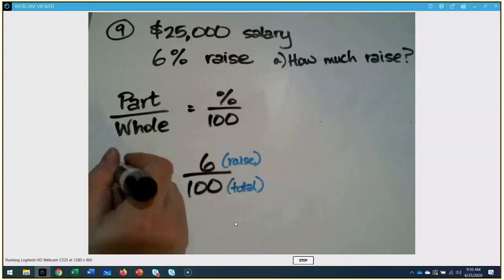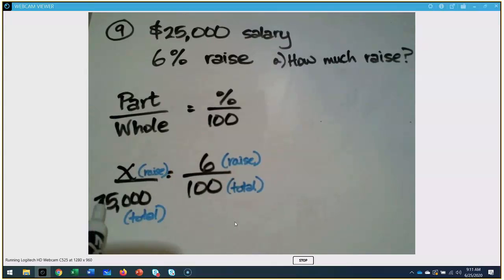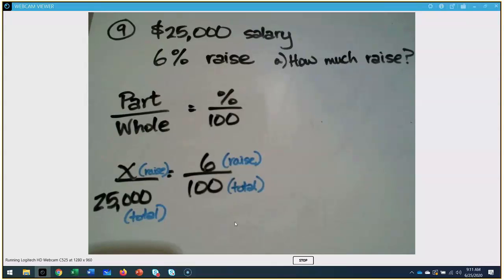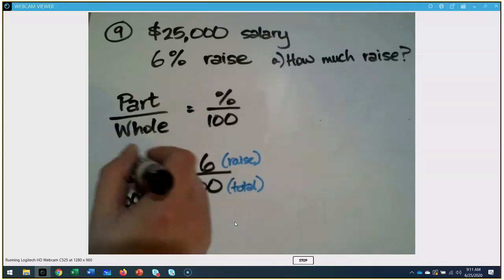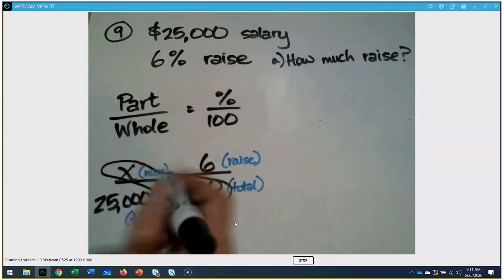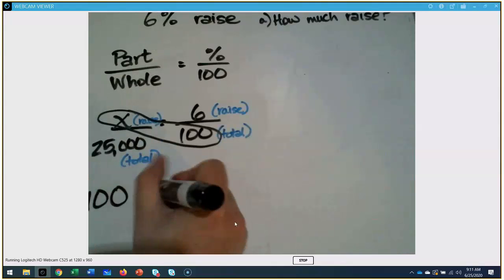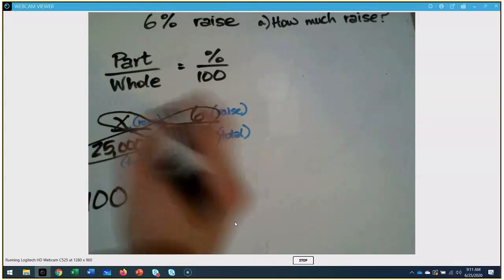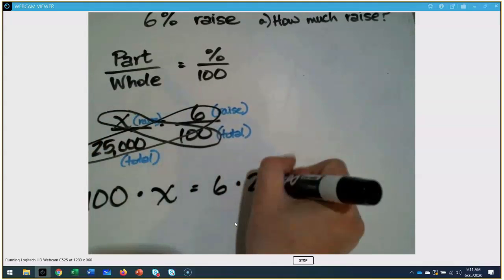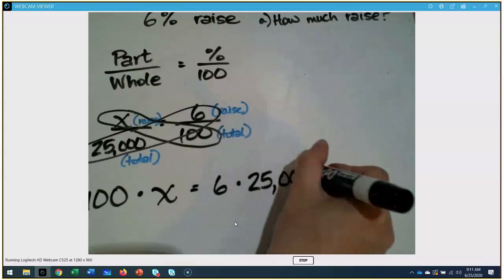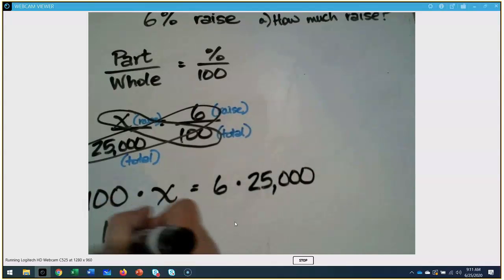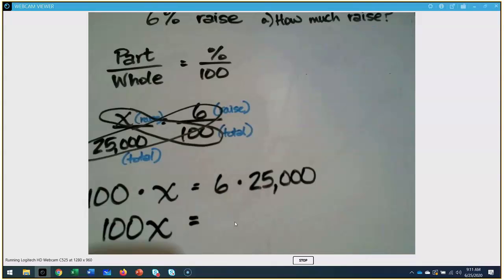So when we solve this, what we're going to find out is how much her salary is going to go up by, and then we can do a second step to figure out what her new salary will be. So let me finish it out real quick, and I'll keep trying to explain that if that's still confusing. So it's going to be 100 times x, and then 6 times 25,000. Let's see what that is.